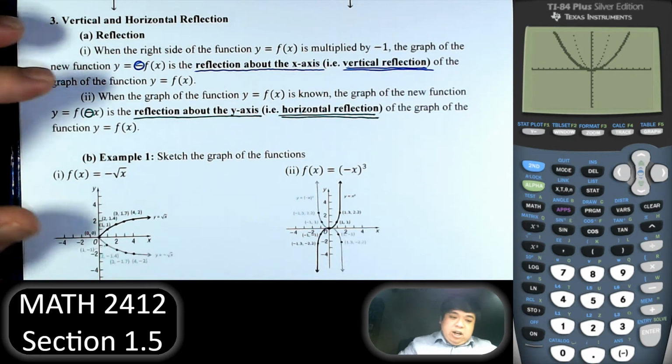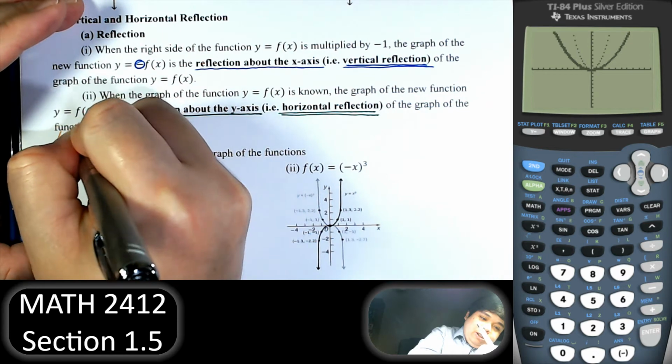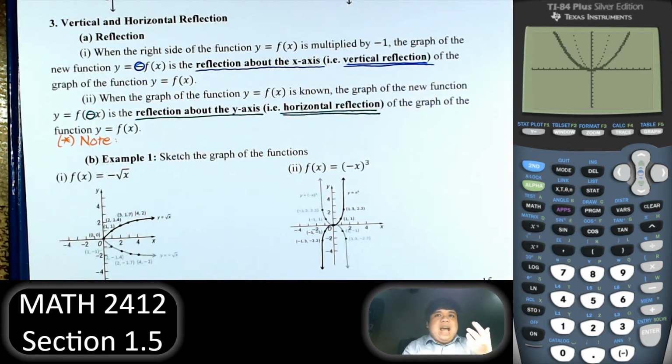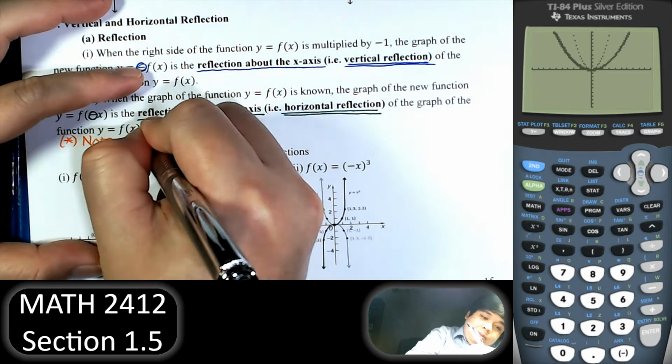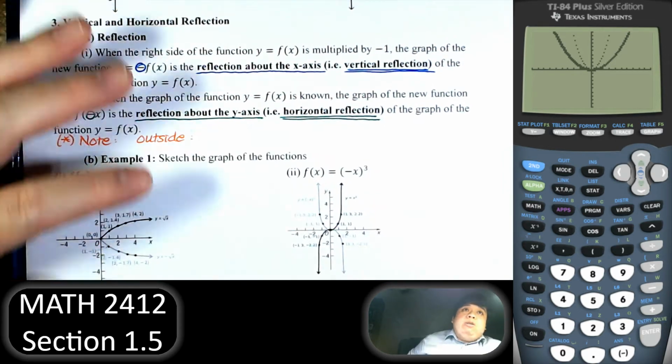So let's write the note here because that's rather important. If we have a number that is outside of the original function, outside the parentheses, outside of the basic part of the function, it will affect the graph vertically.